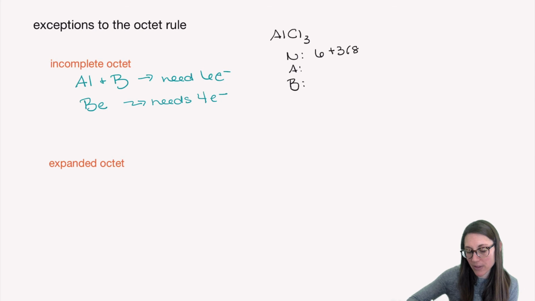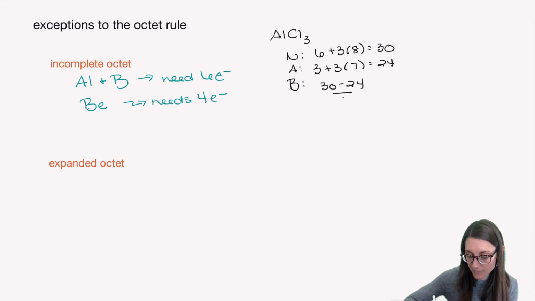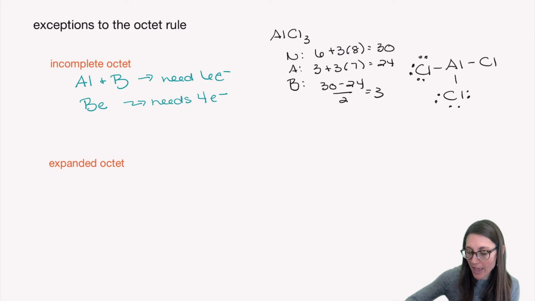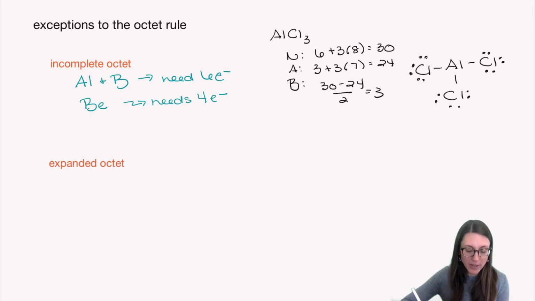And then everything else from here on out stays the same. This is 30. Then when you draw your Lewis structure, you are only going to put 6 electrons around the aluminum, and it's stable at that point. So that's an incomplete octet.